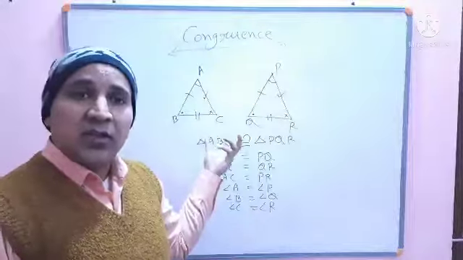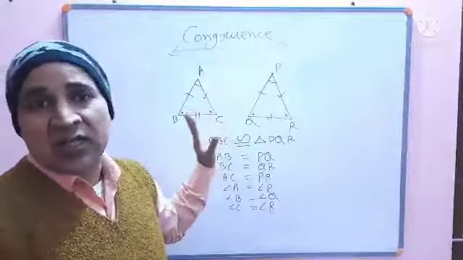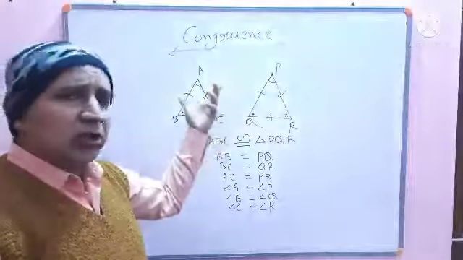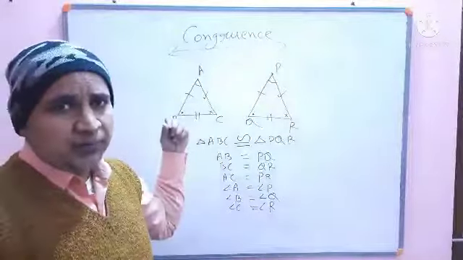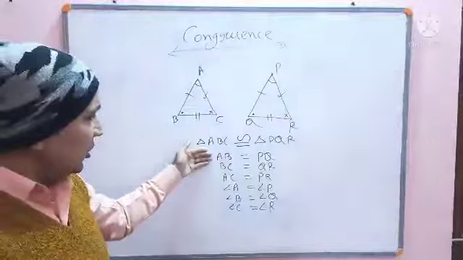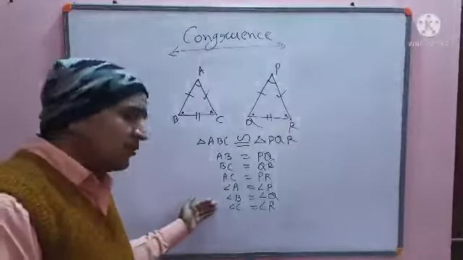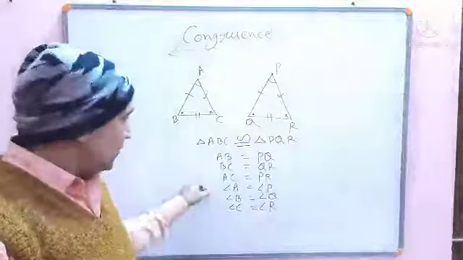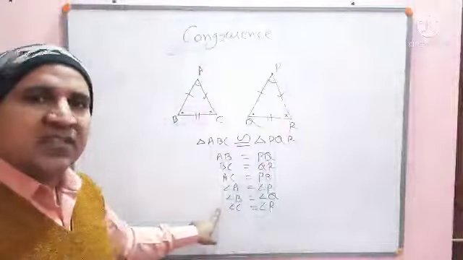Because triangles are congruent if their shape and size are equal. So shapes are already equal because they are triangles. But we have to see about the sizes. In a triangle, there are 3 sides and 3 angles. That means total 6 properties are there.